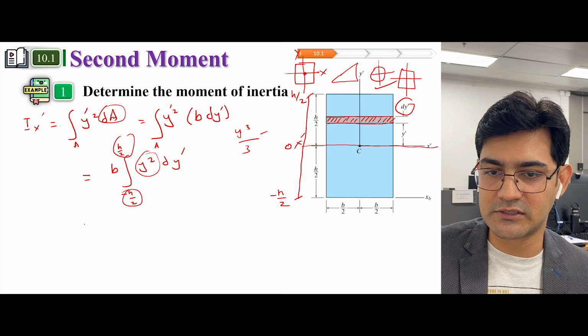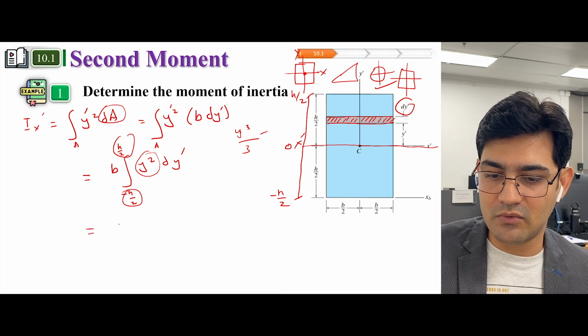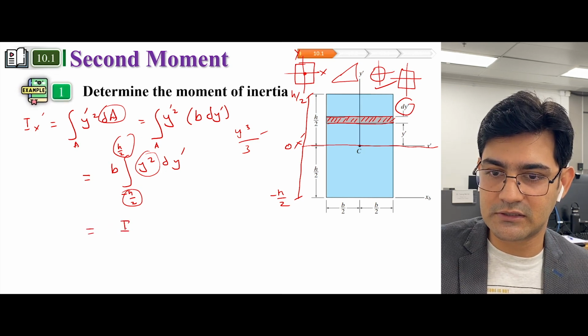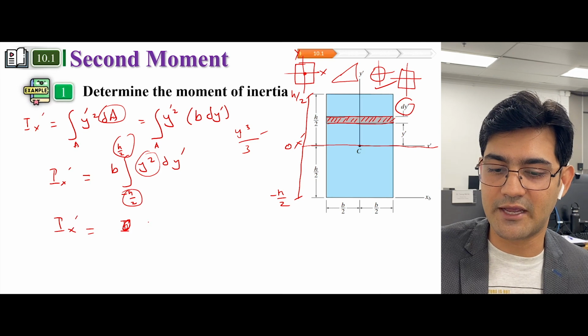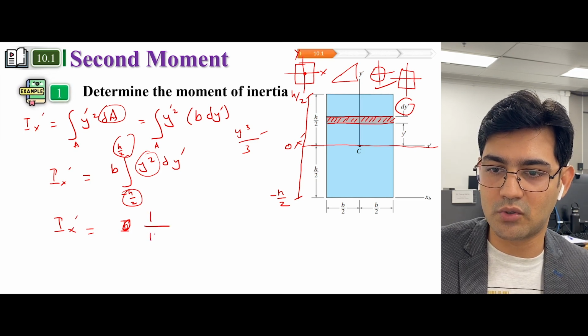If you do this, you get Ix, the moment of inertia along the x-axis, equal to 1 by 12 b h cubed.